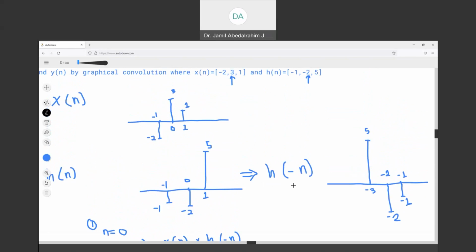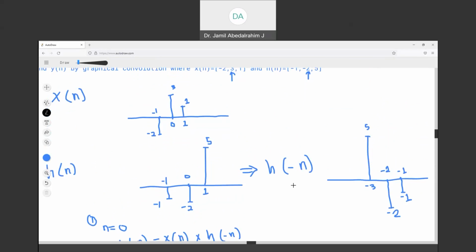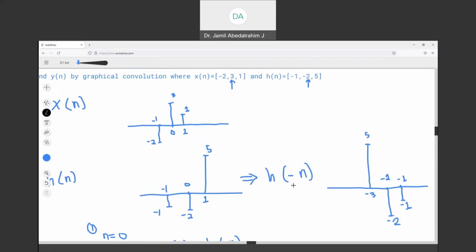To multiply them, we need to find the shared signal, the similar location. How to find the similar location? Look here. In x of n, we have a signal at 1, while in h of negative n, we don't have a signal at 1.